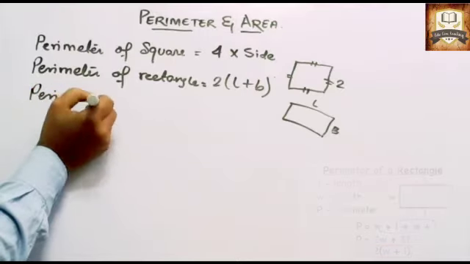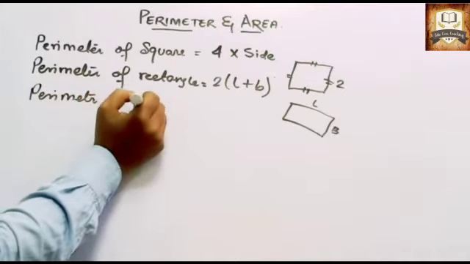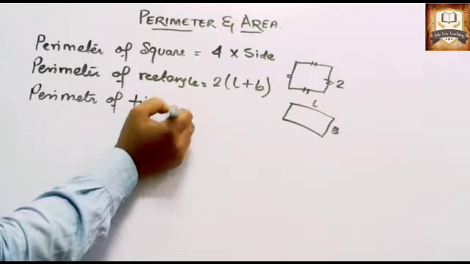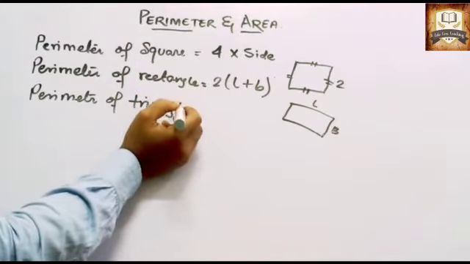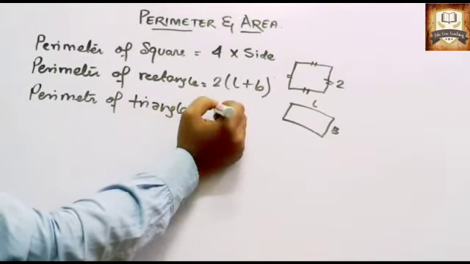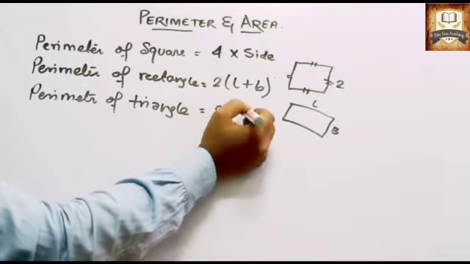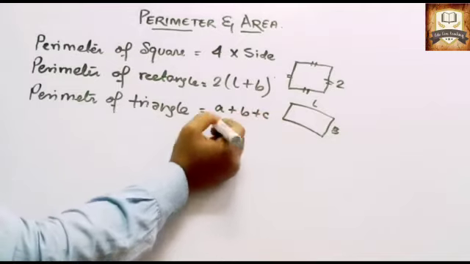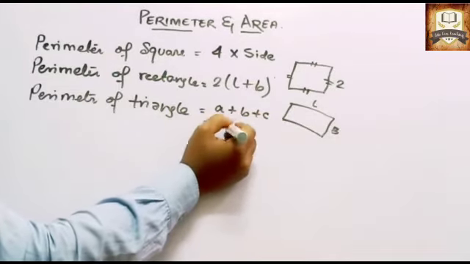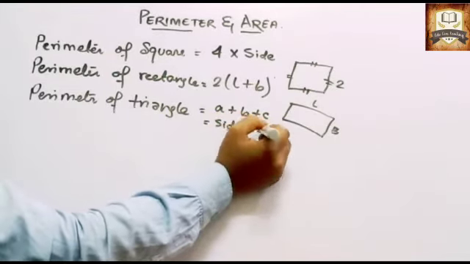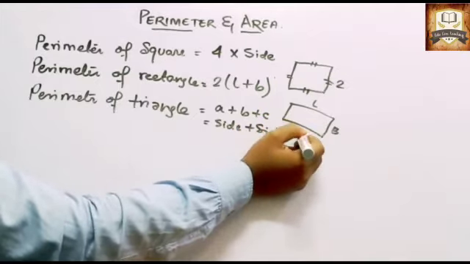Now the next, perimeter of a triangle. The formula is A plus B plus C, or side plus side plus side.